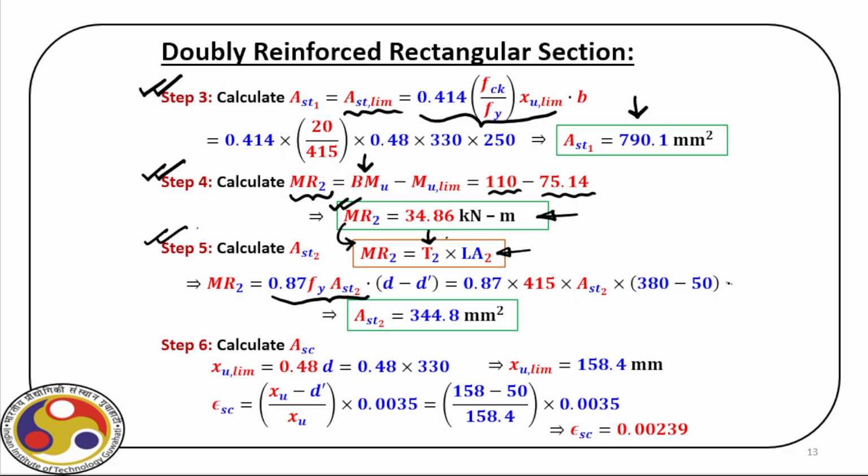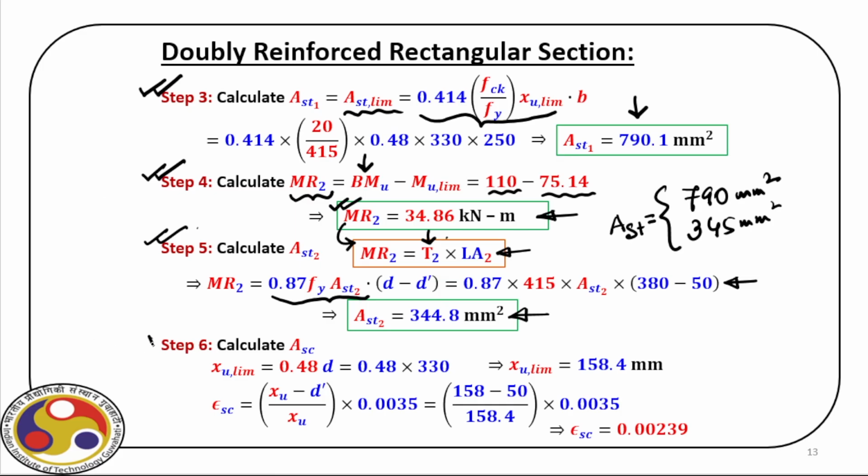If we put all the values, the only unknown here is AST2, and we can figure out the requirement here is 344.8 millimeter square. So effectively, we have to provide 790 millimeter square and 345 millimeter square. These are the two different steels that we have to provide, and if we combine, then we get basically AST, that is the steel in the tension zone.